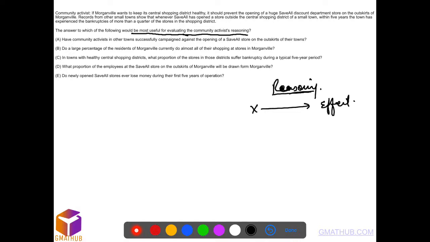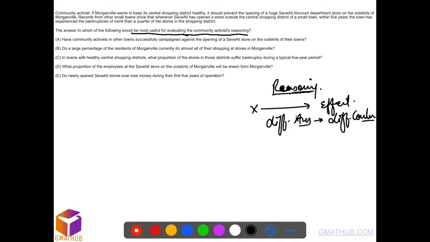Okay, a most useful question means different answers to the question can give me different reasoning and hence different conclusions. That's what we call a most useful question, right? If the question doesn't have any bearing on the outcome, it's not the most useful question, right?